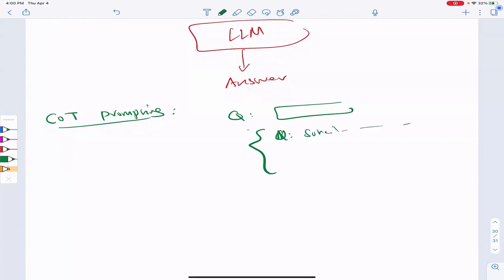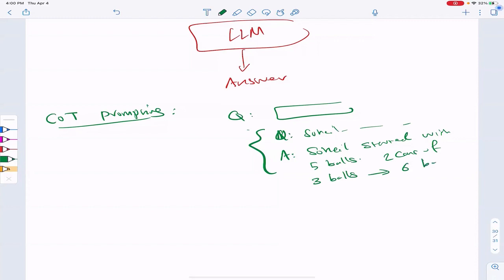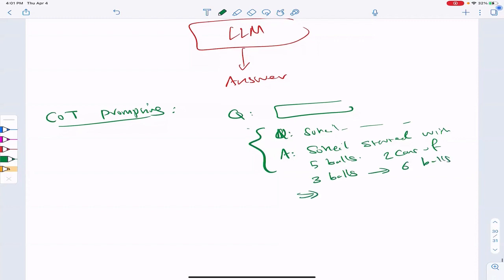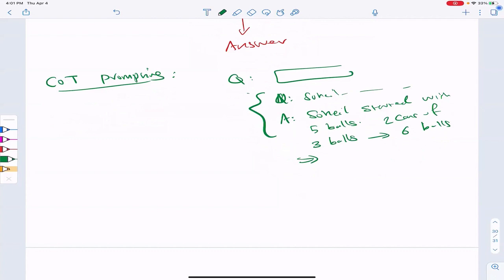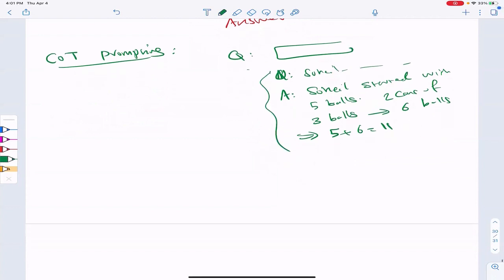And for my answer, instead of saying 11, I would say, okay, Soheil started with 5 balls, 2 cans of 3 balls, basically gives 6 balls. Therefore, overall, you get 5 plus 6, 11. So here's your answer in your demonstration example.